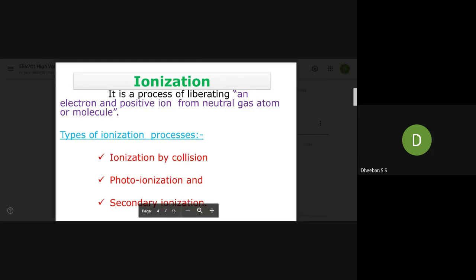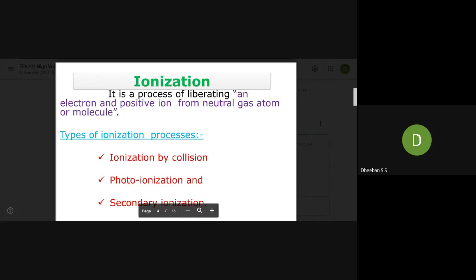Ionization is nothing but the process of liberating, meaning coming out, either a positive ion or a negative ion, from a stable molecule or atom. An atom or molecule is stable when its valence electrons are entirely filled.